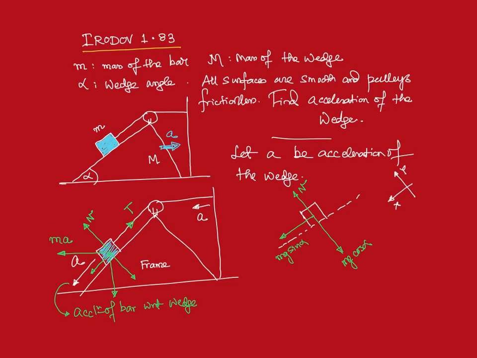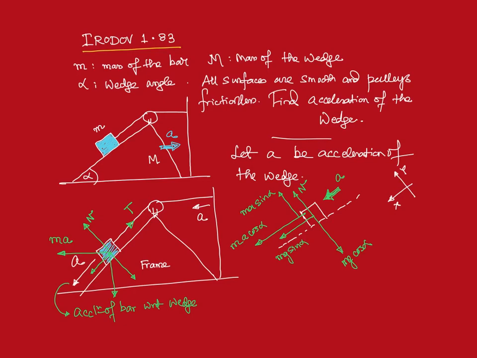Now the components of the pseudo force that will come. So that's ma cosine alpha here, and the upward component perpendicular to the inclined surface is ma sine alpha. So due to all this, there is the acceleration A. So acceleration along the x-axis is A and along the y-axis is 0. Remember, we are looking from the wedge frame.